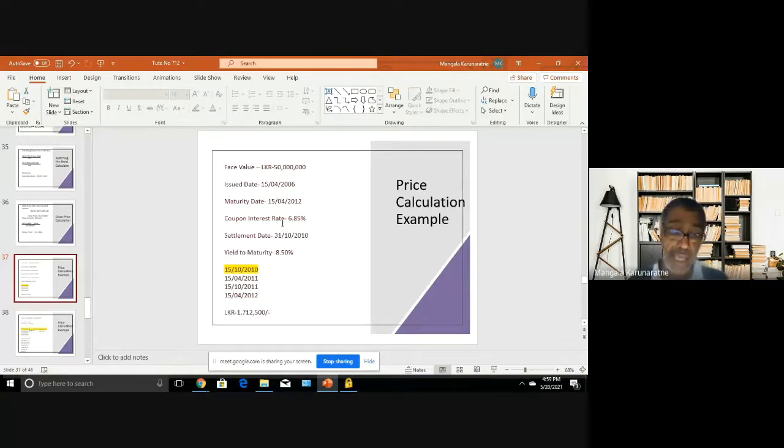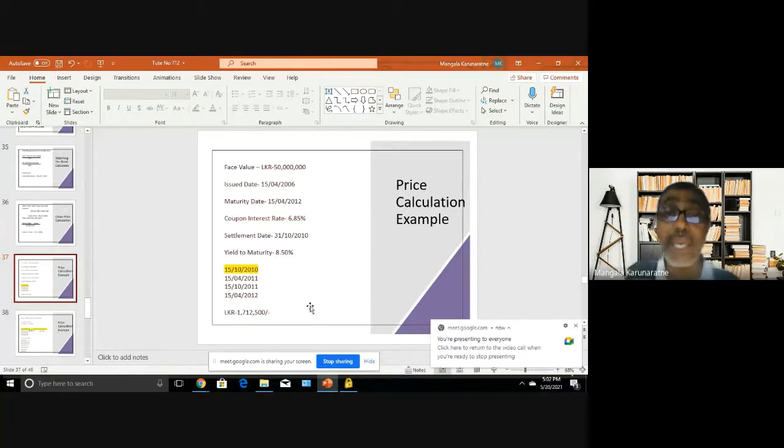I can pay 50 million, or I can pay more than 50 million, or I can pay less than 50 million. If we are paying less than 50 million, the bond will be at a discounted price, right? If we are paying more than 50 million, the bond will be at a premium, right?